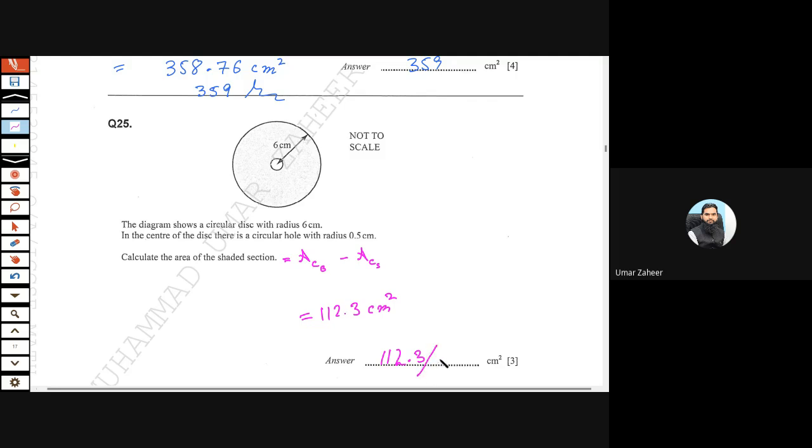To three significant figures, it is 112. Yes, anyone who's getting a different answer?